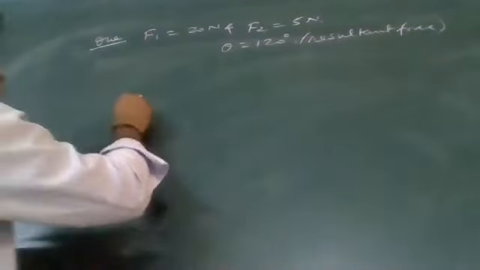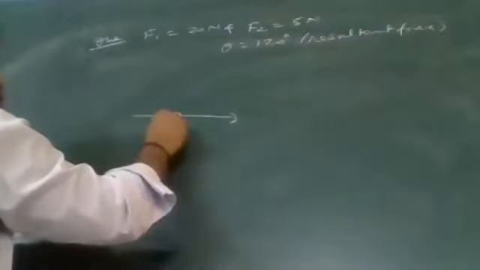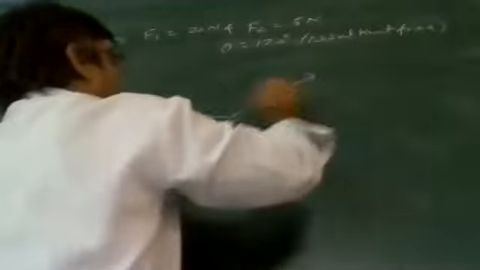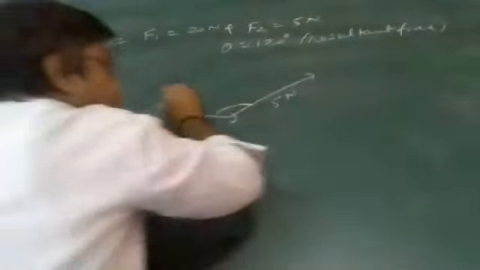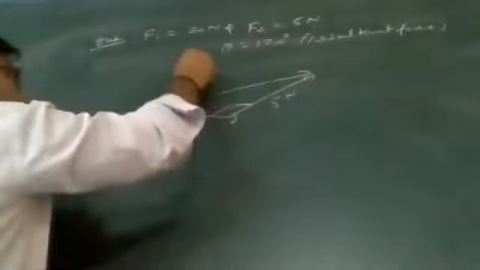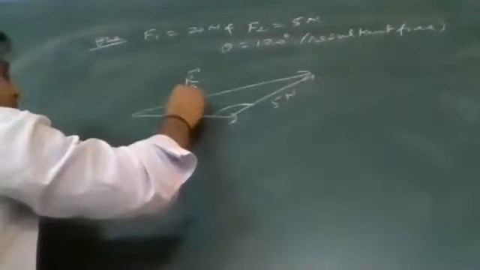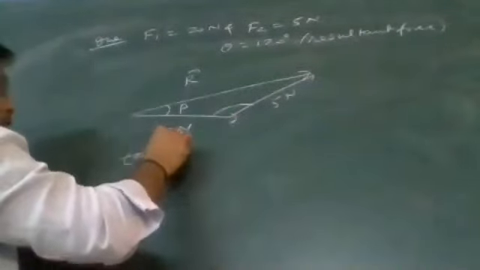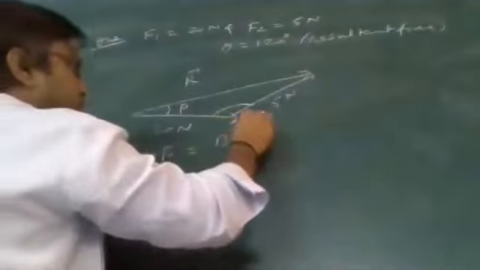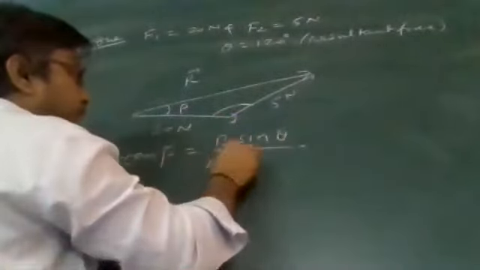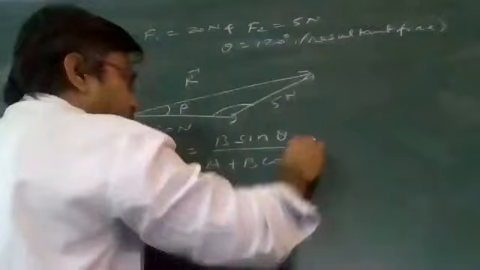For the sense of direction, let's suppose the first force is 20 Newton, and the second force is 5 Newton. Both are applied at 120 degrees. This is the resultant force. The resultant force is making an angle beta. Then we have developed the expression of tan beta. Tan beta is equal to B sin theta divided by A plus B cos theta.